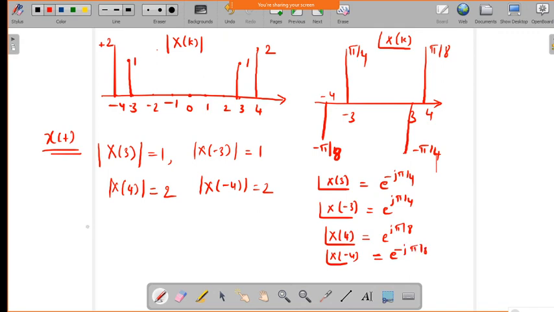So now we can write the x of t expression, which is equal to summation k equal to minus infinity to plus infinity X of k into e power j k omega naught t. Okay. So now we know the X of k values. Only for the particular values the x of t exists.